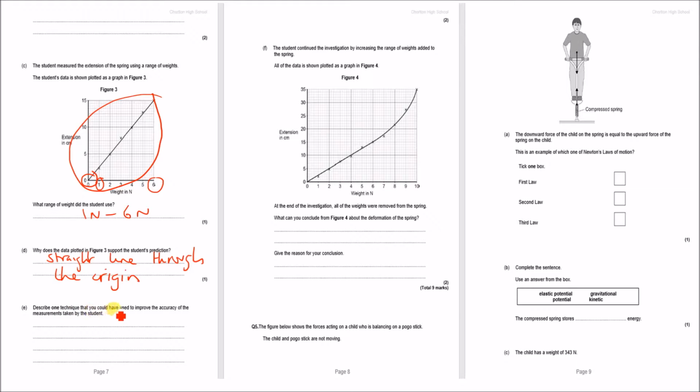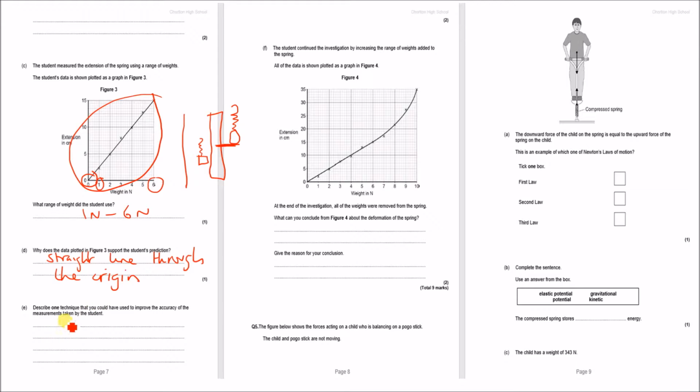Describe one technique that could be used to improve the accuracy of the measurements taken. Okay, so imagine that this is the spring and we have a ruler. Maybe on this we could put some kind of needle to measure it. So if this would be the spring, on the bottom of the loop we could have some kind of needle pointer, and then when that goes to the ruler it would give you an exact measurement.